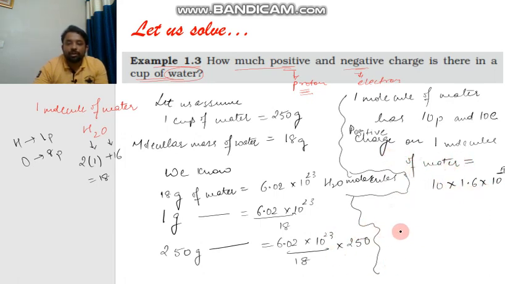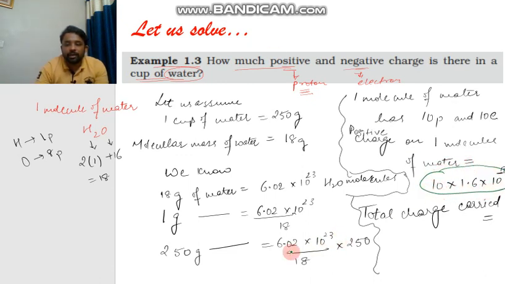So the total number of molecules is this. So the total charge carried will be the product of this and this. If we multiply these two, this is the positive charge carried by one molecule, and this is the total number of molecules.